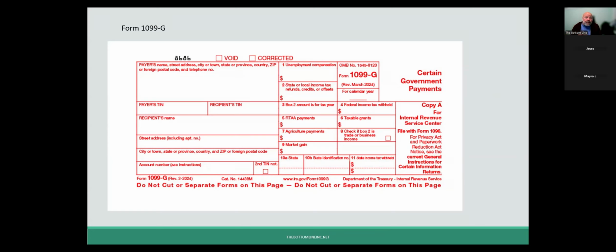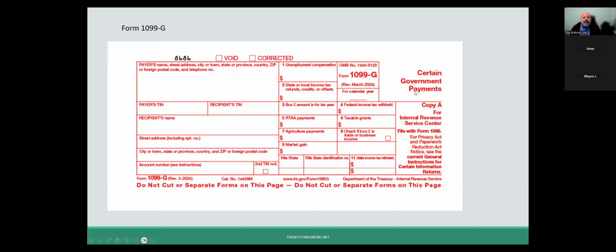Unemployment compensation is box one. Unemployment comp is taxable. Certain states it's not taxable, and certain states it is. But we're only going to deal with federal for this course. But the unemployment comp will be in box one. And then if they withhold any federal income tax, they'll have that in box four.